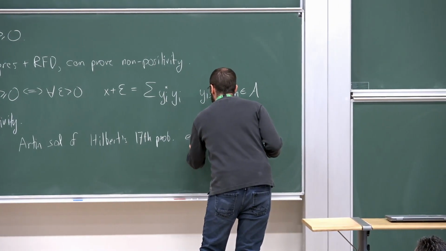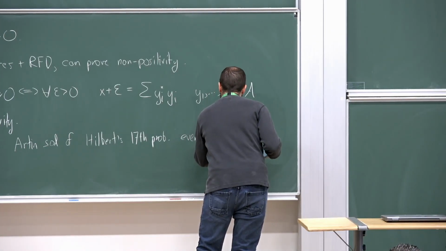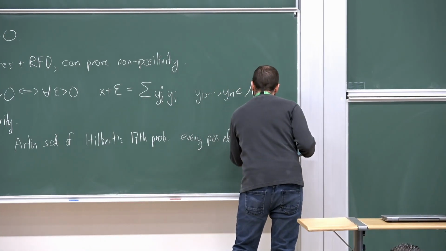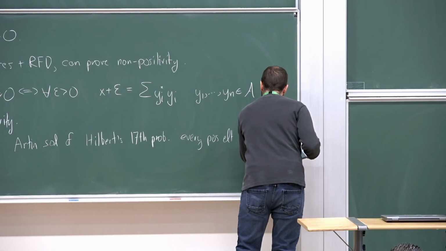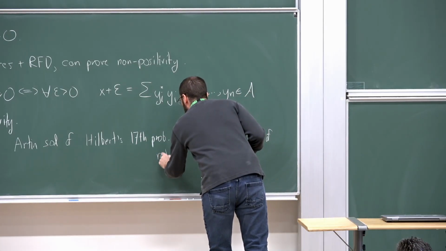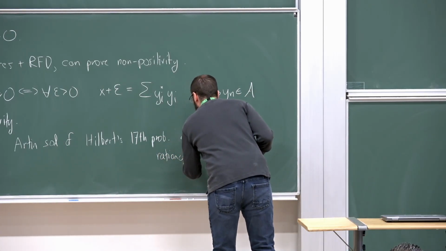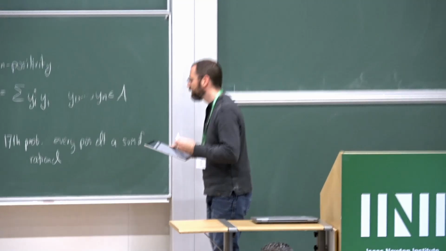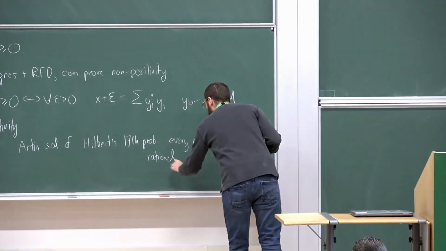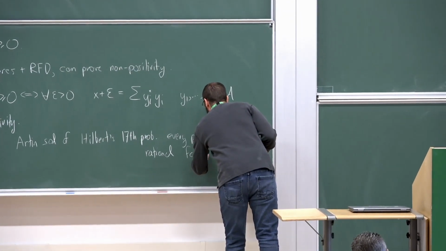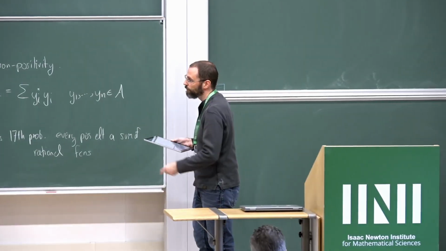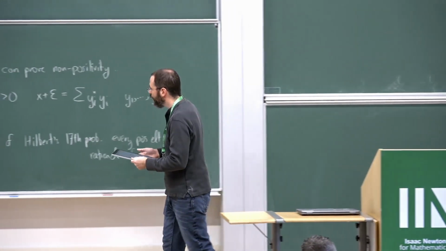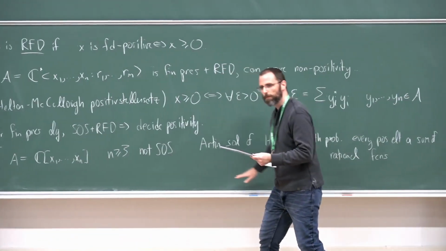Rational just means you have rational functions, so denominators which are polynomials as well. And this gives us a way to prove positivity for polynomial algebras, not with sums of squares, unfortunately, but with something fairly close to that.